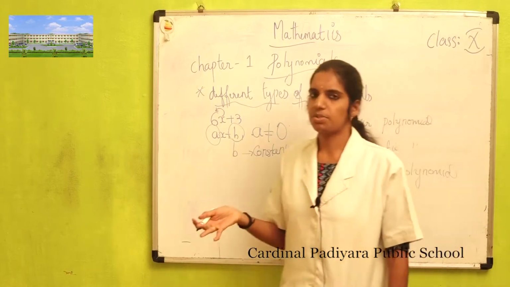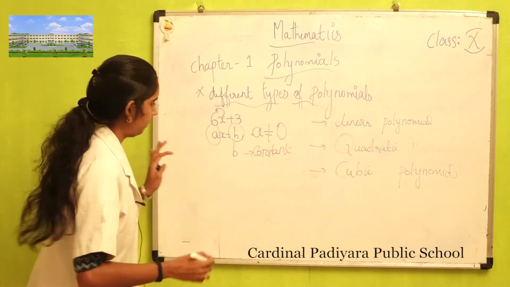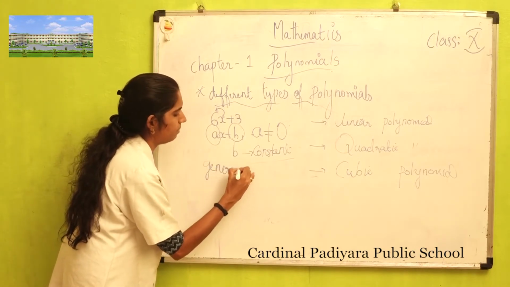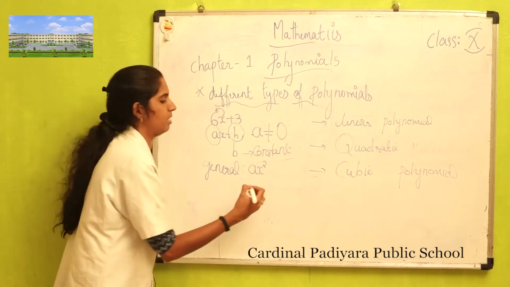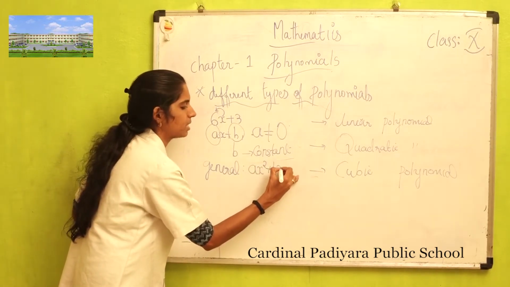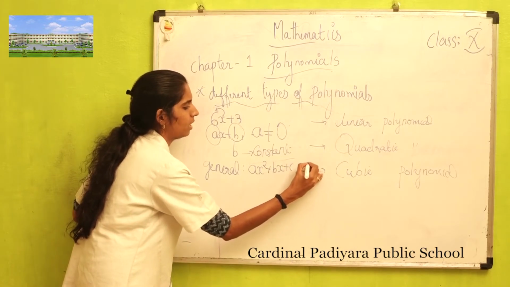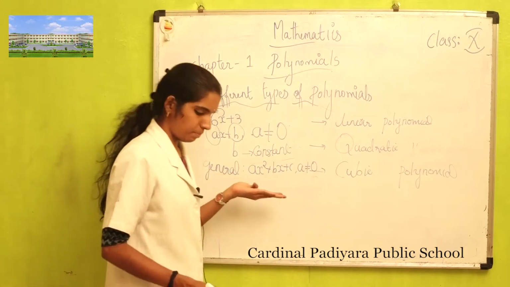Okay. So next we move on to the next category, that is the quadratic polynomial. What is the general form? The general form is given by ax square, okay, plus bx plus c, where a not equal to 0. So what is the general form of a quadratic polynomial?